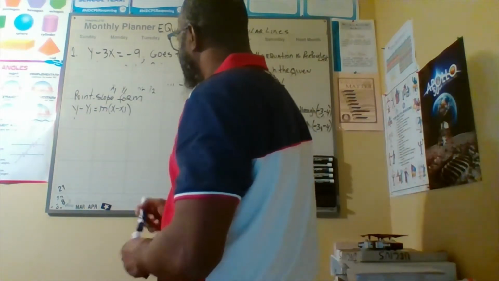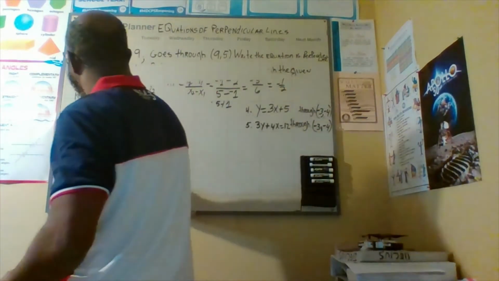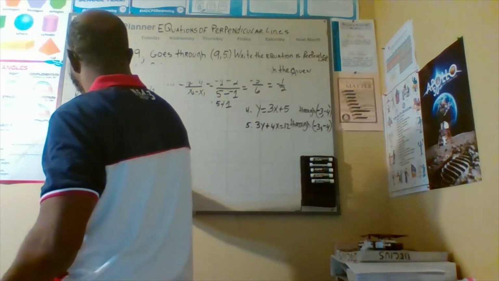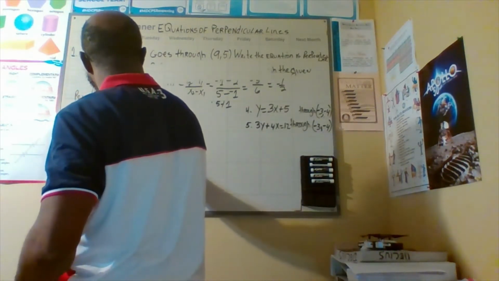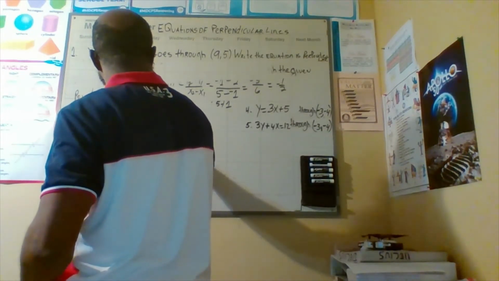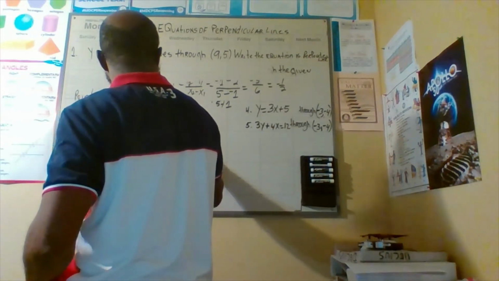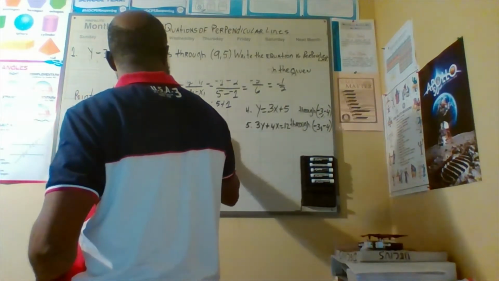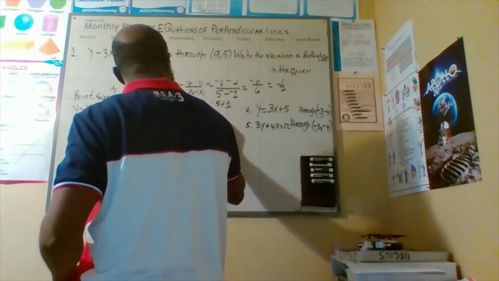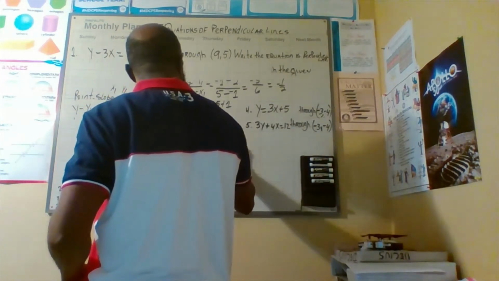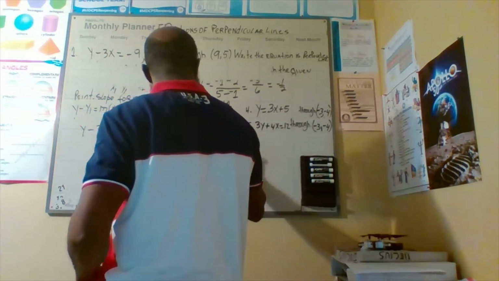Alright, you are given an equation, y minus 3x is equal to 9, and a point. This is my x1, this is my y1.